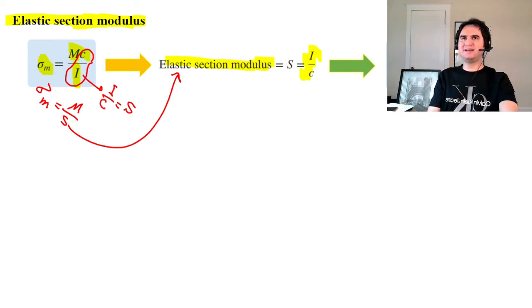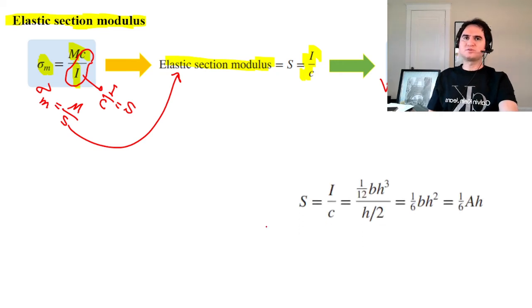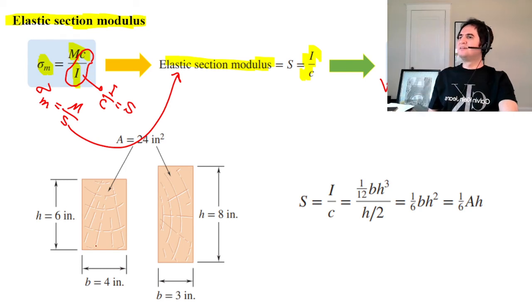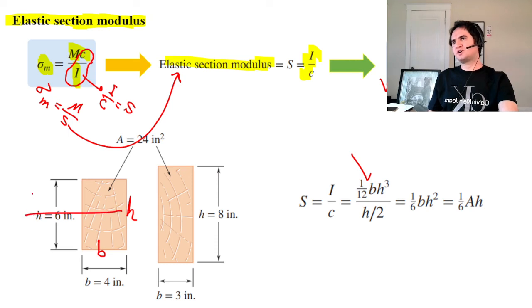So if you can increase section modulus, you can reduce sigma max in a design. So for a rectangle with B and H, I is 1/12 base times height cubed, and C is H over 2, halfway through.